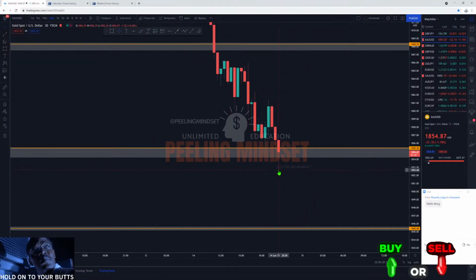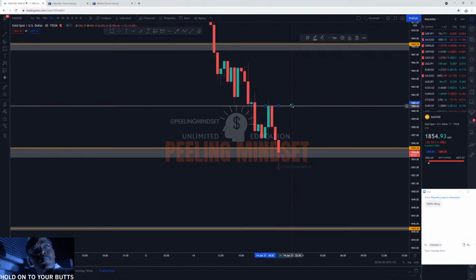The 30 minutes seems as if it's rejecting that level. So if this is a resistance level that we form right around 1860, let's call this 60 level.